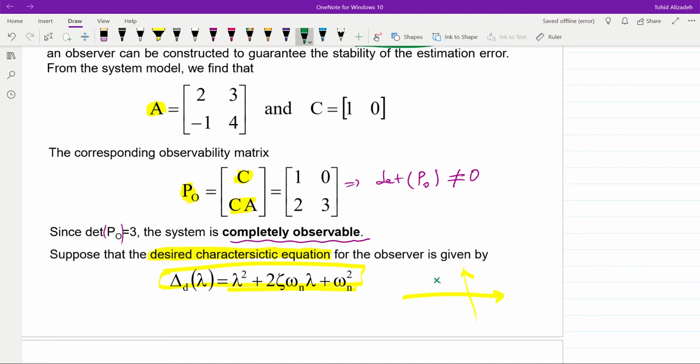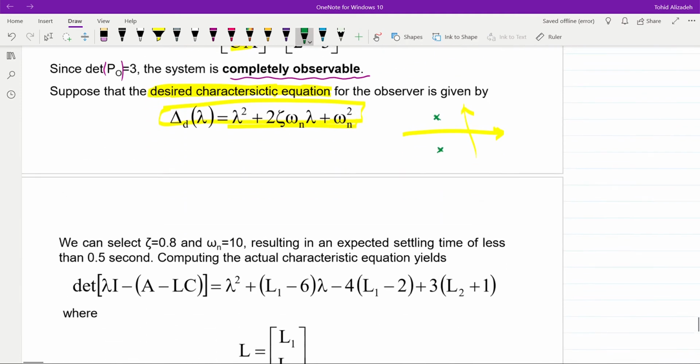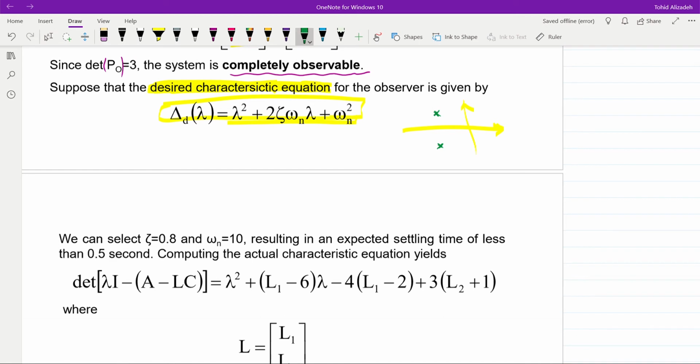In this example, we are going to use zeta equal to 0.8 and omega n equal to 10, which will result in an expected settling time of less than 0.5 seconds and the desired overshoot. If we replace them, we will have the desired characteristic equation.